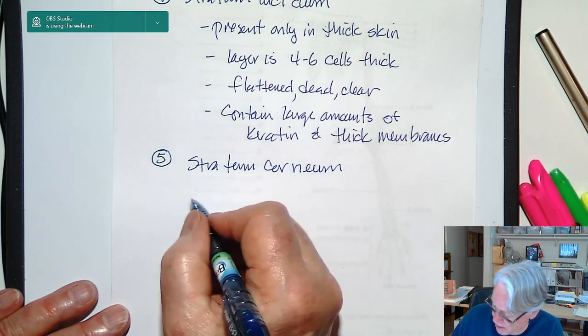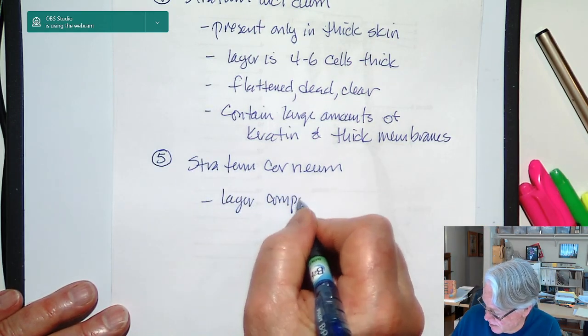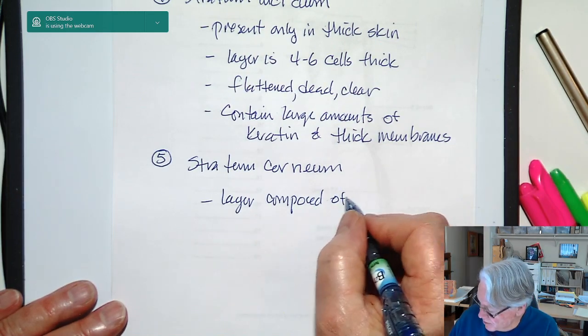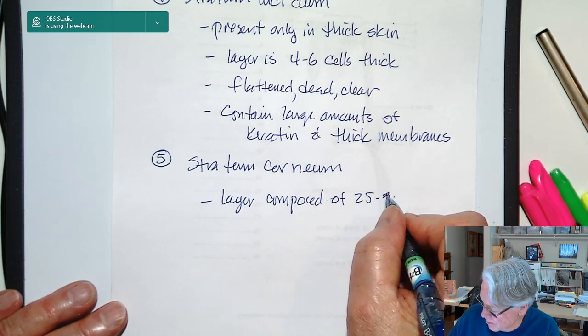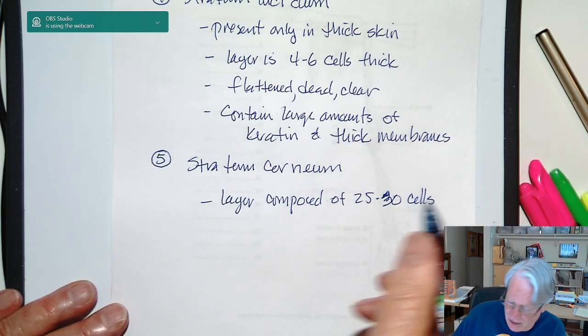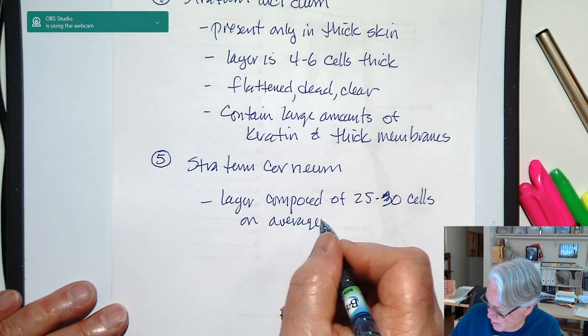Okay. And this layer is composed of around 25 to 30 cells on average, but it can vary.